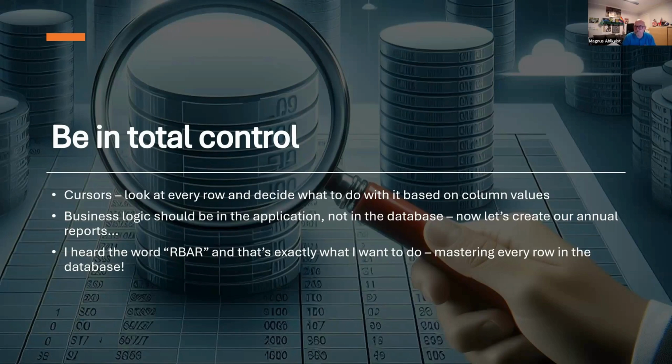You create even your T-SQL code in a way that it will look at each row and do something with it, instead of using the fact that a relational database works really well with sets, and it works quite poorly with loops and such constructs.